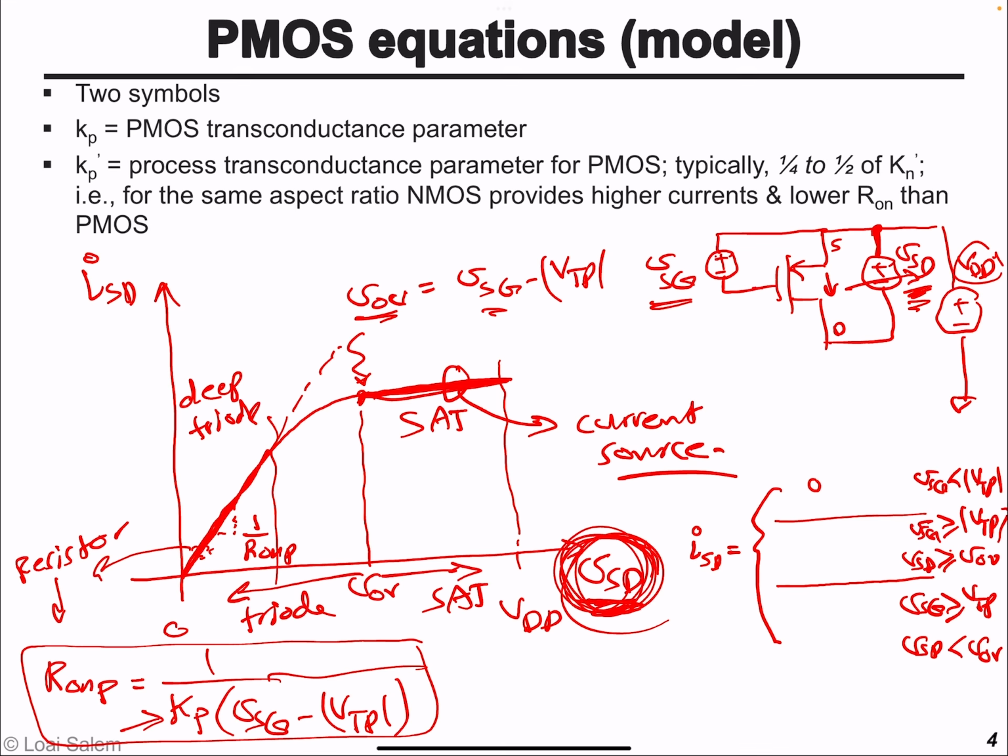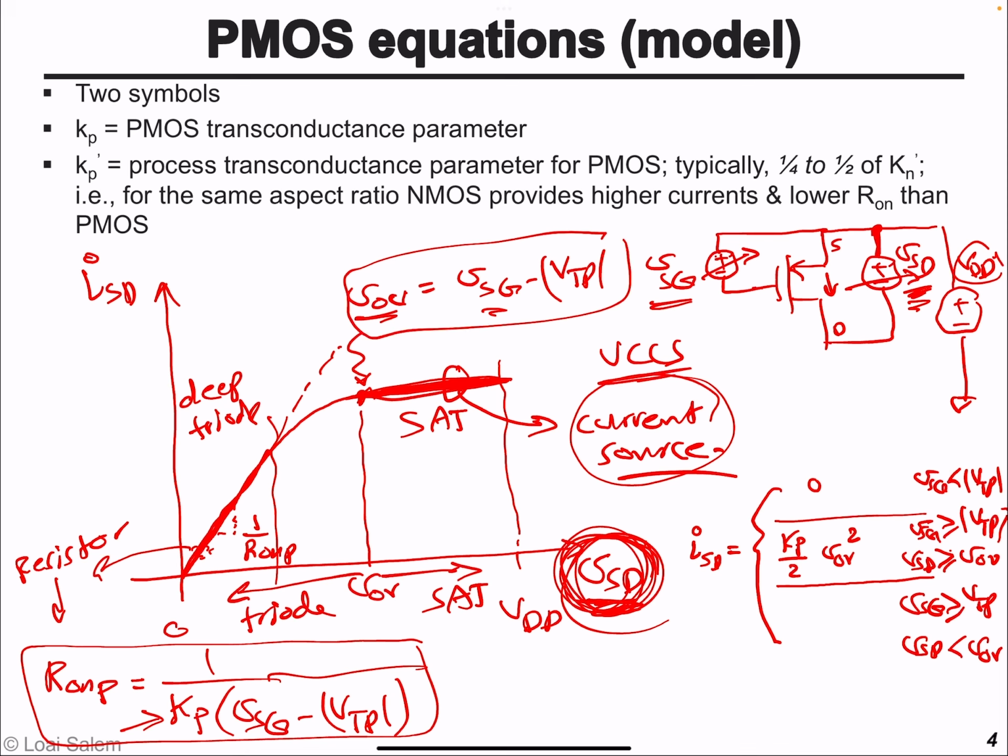In the saturation region, as we mentioned for the NMOS, the PMOS transistor also behaves as a voltage controlled current source, where the voltage controlling that current source is the VSG voltage source. And so its current is given by the relation Kp divided by 2 times V overdrive squared, where V overdrive is given by this expression for the PMOS.